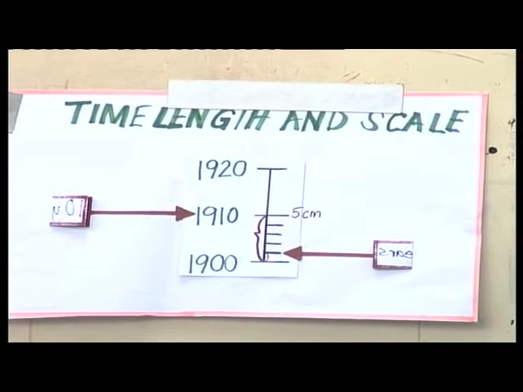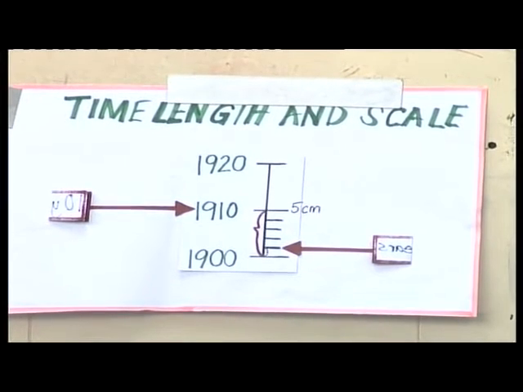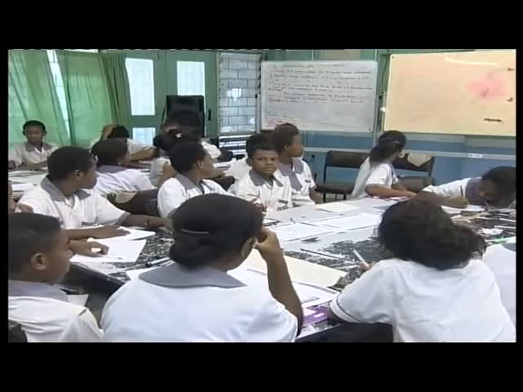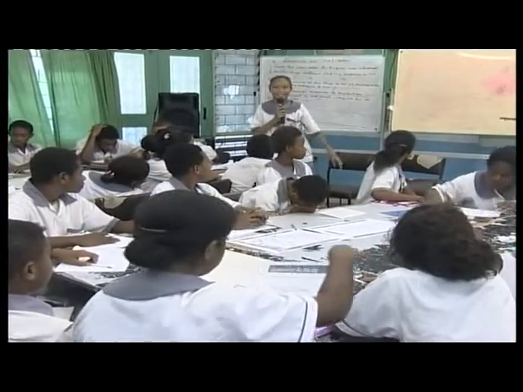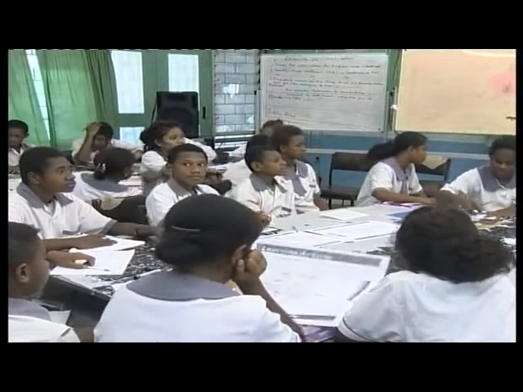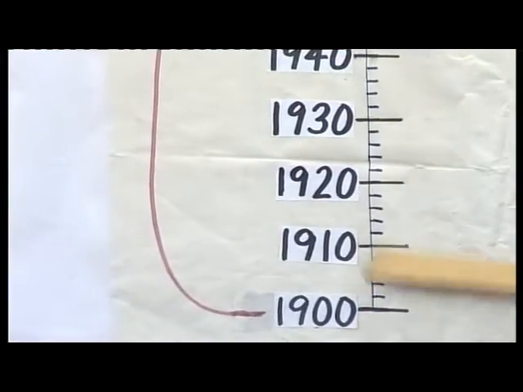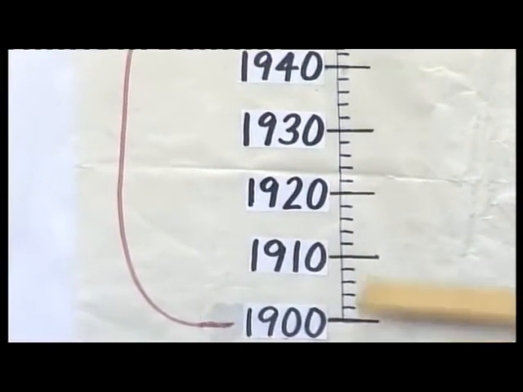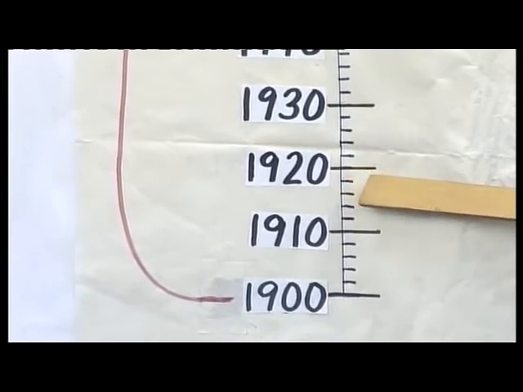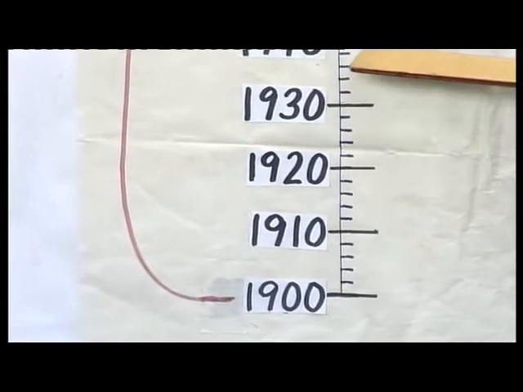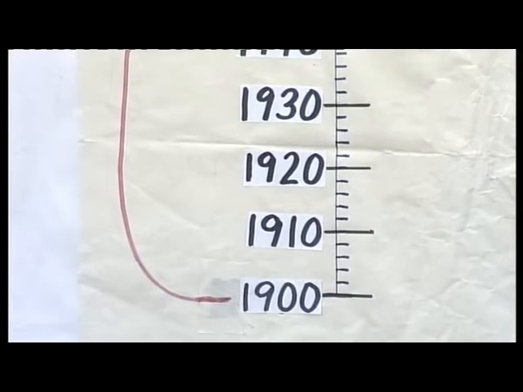Years. Very good. 10 years. So how many years is it increasing by each bigger scale here, from here to there? Receiving student, how many years is it increasing by?